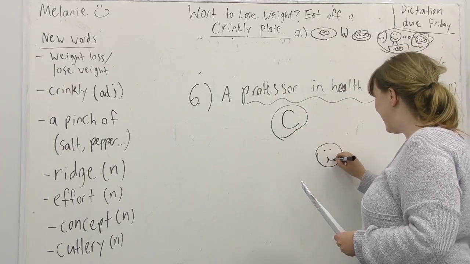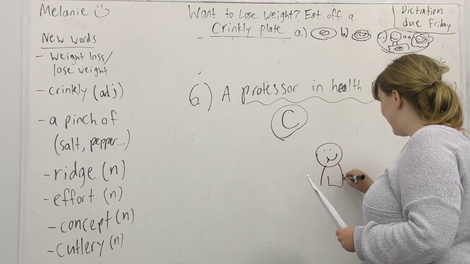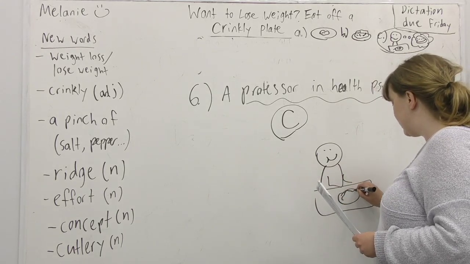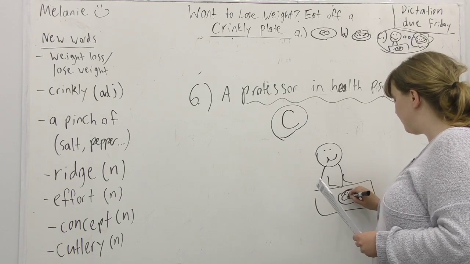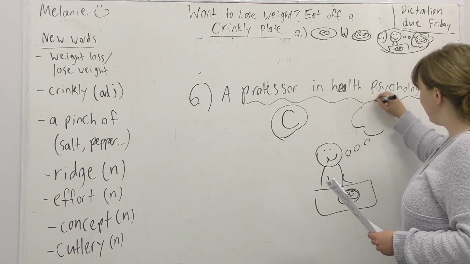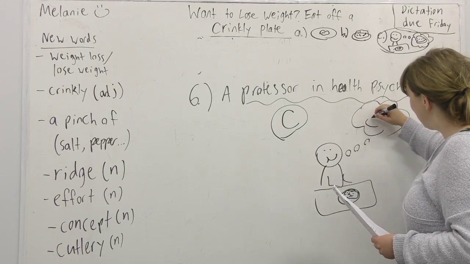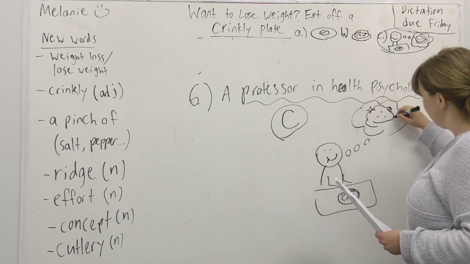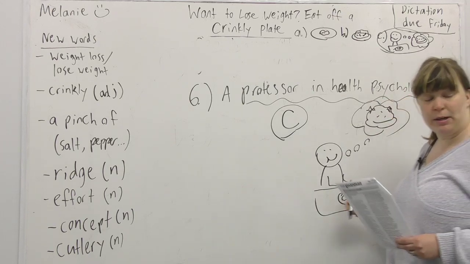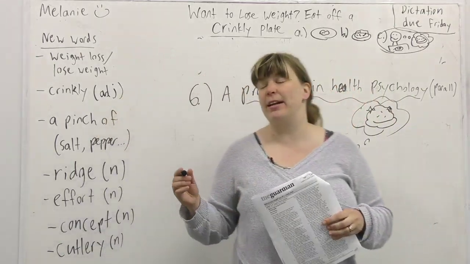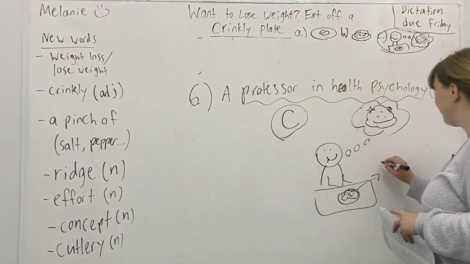So here's a person eating, and here's his food or her food, whoever it is. It's like a decent portion, but they think they are eating a lot of food. Actually, the amount of food they're eating is pretty small, thanks to the ridges in the plate.